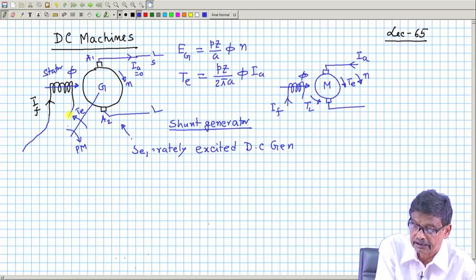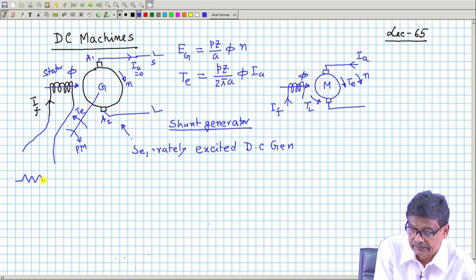We will make a circuit like this, where there is a DC supply, plus and minus DC.